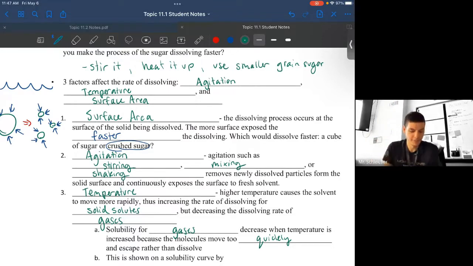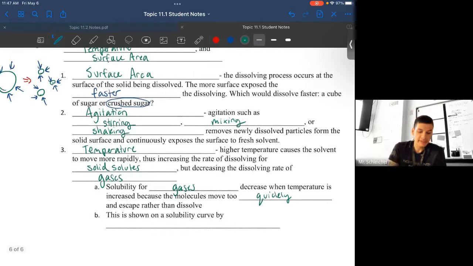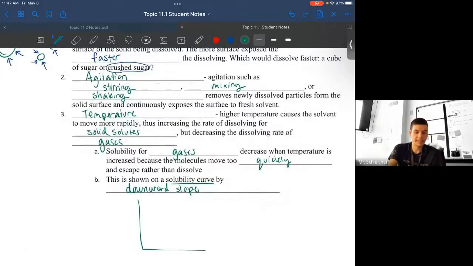It can fly. And we can see this on the solubility curves from before with a downward slope. So anything on your graph that goes down like that is probably going to be a gas, where we had grams on the y-axis and temperature on the x-axis.